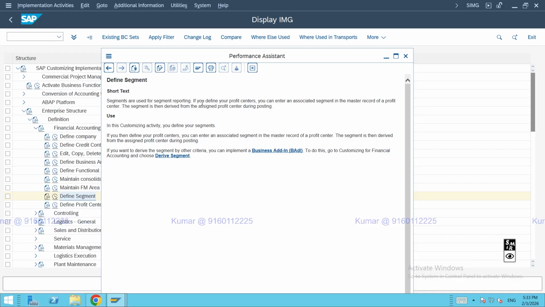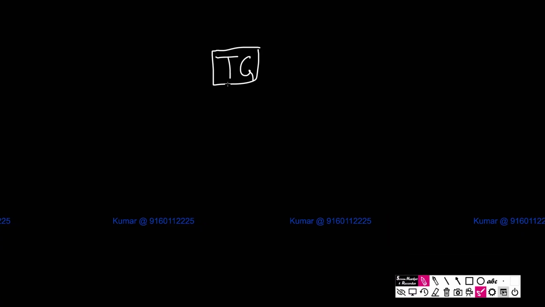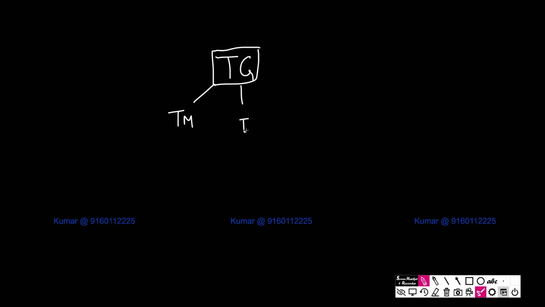Based on this segment, if we select the segment for training, we can see all the reports based on the training. For example, Tata Group has different company codes, like Tata Motors, TCS, and Tata Steel.